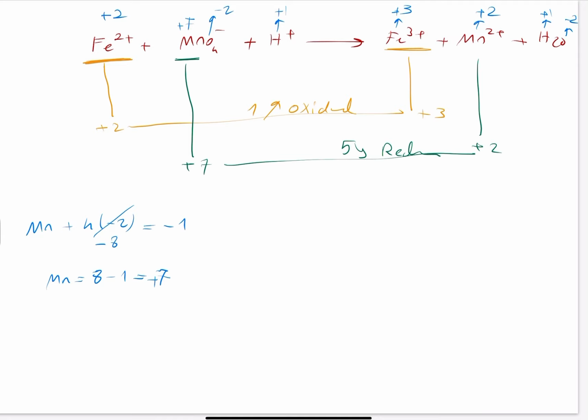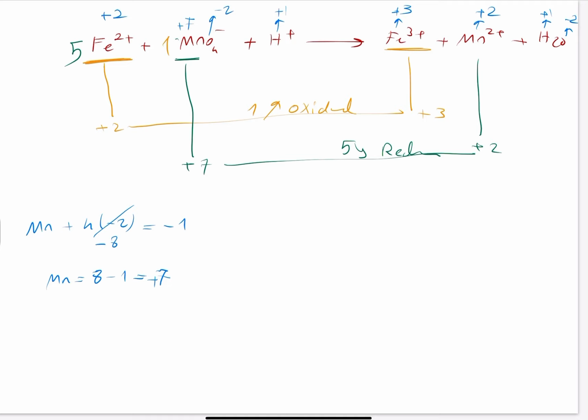Now we exchange the colors: I give the green to the brown, and the brown to the green. Excuse my writing mistake. Now we have green, we go to brown, and we give the brown to green.